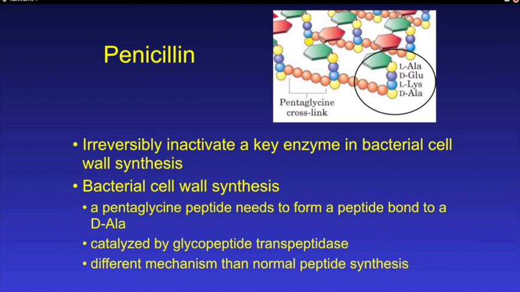Okay, and what we're going to do is prevent this bit of protein and this bit of protein making that particular peptide bond. Okay, and what will happen is, for integrity, a pentaglycine will be attached to a D-alanine to create that bond, which creates structural integrity. Now, this is one thing.